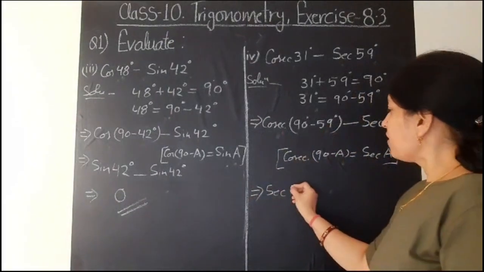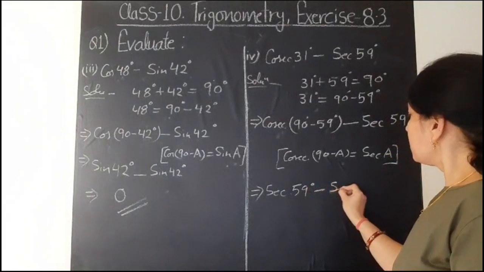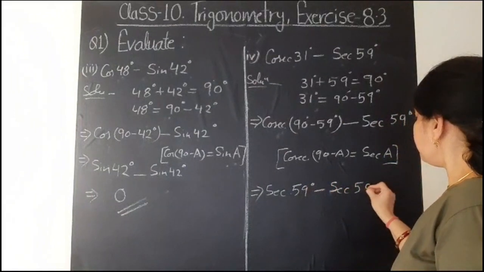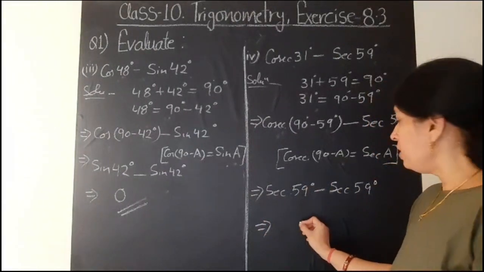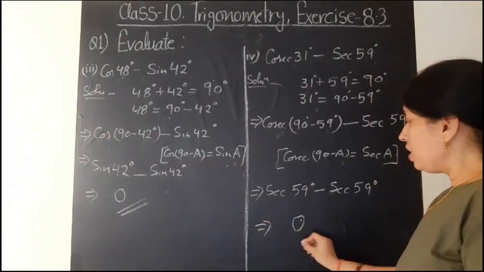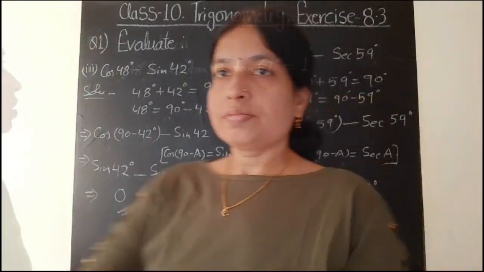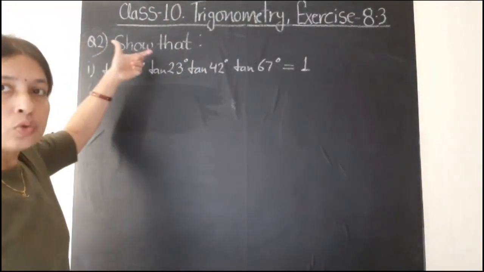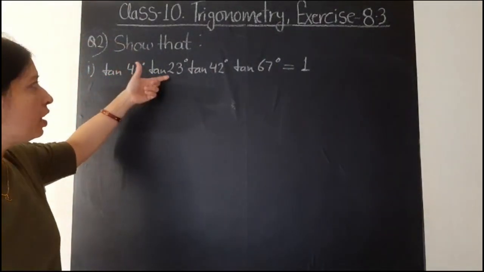So it will be sec 59 degree minus again sec 59 degree. Sec 59 degree minus sec 59 degree will be 0. So answer will be here 0. 0 is your answer.